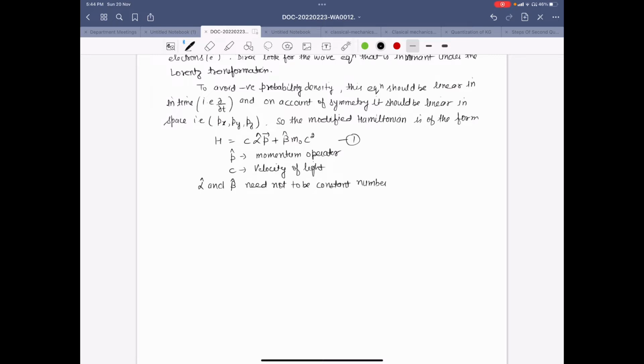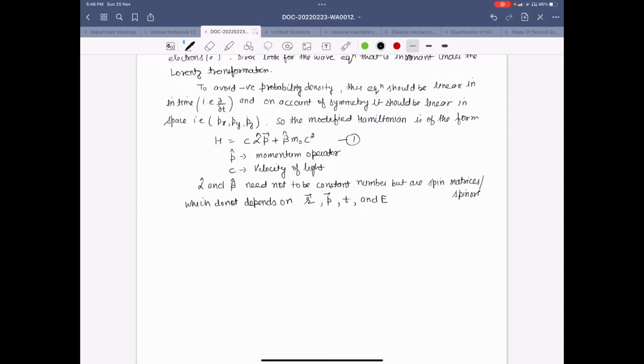But here we have taken that these should be matrices, so they are not a number but spin matrices, or we can call them spinors. They do not depend upon R, P, T and E.